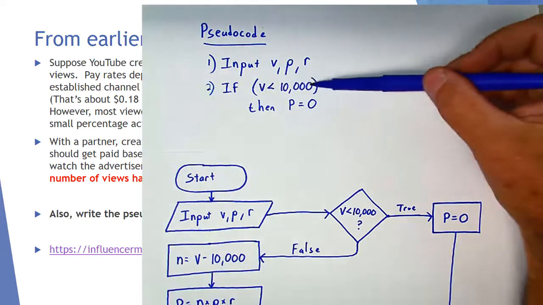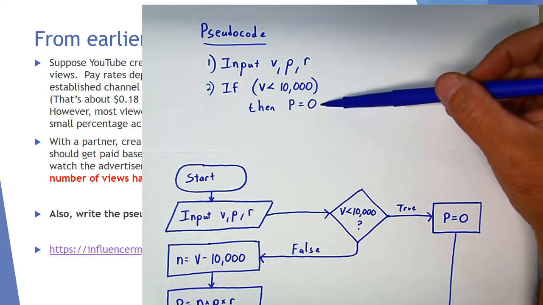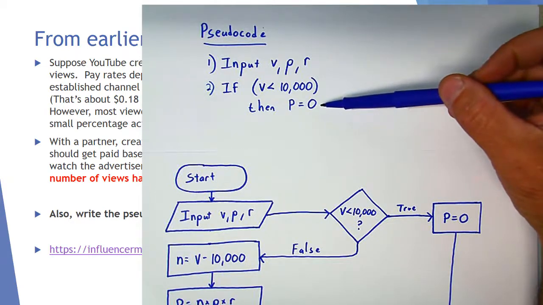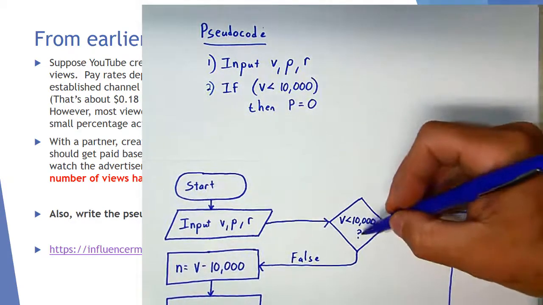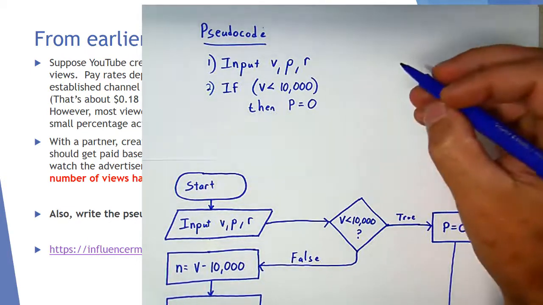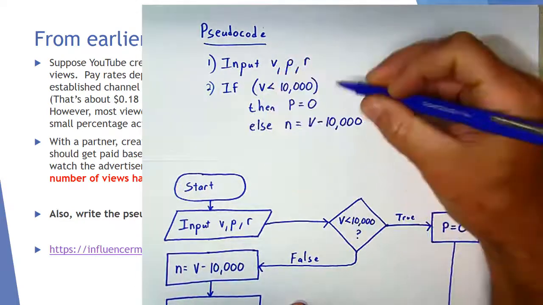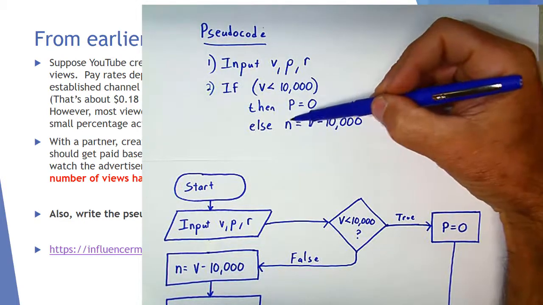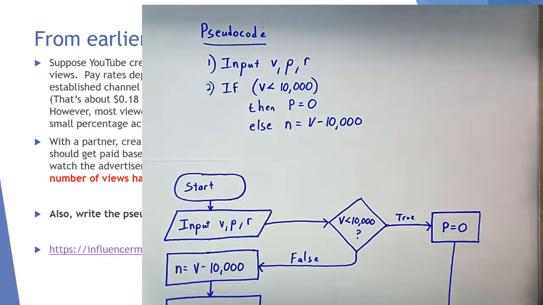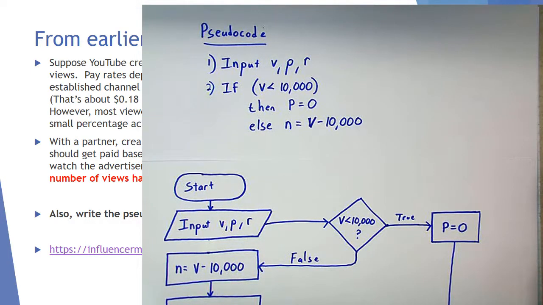If our number of views is less than 10,000, then we can automatically assign a pay value of 0. But if it's not, as our flowchart showed, then we can proceed and assign a value to n, the number of money-making views. And the number of money-making views was the number of total views minus the first 10,000, which don't earn anything at all.